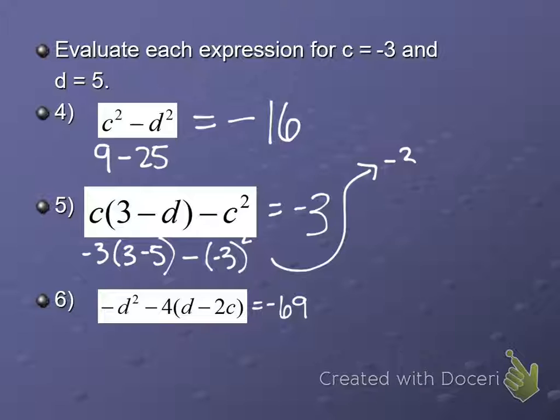First thing is parentheses. 3 minus 5 is negative 2. Minus, I'm going to put that minus sign there. I'm going to go ahead and do my exponent. Negative 3 squared is 9. Next we do our multiplication. A negative times a negative is positive 6 minus 9. That's where I got that negative 3.